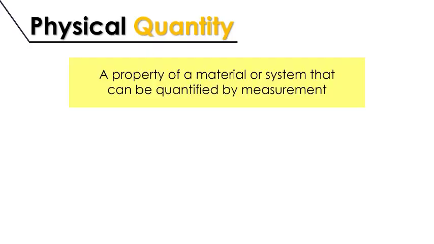To begin, let's define what is a physical quantity. In physics, physical quantity is defined as the properties of a material or system that can be quantified by measurement, such as length, volume, density, and speed.